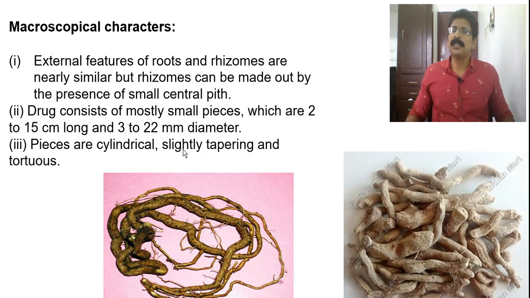So what is the difference between the dissection microscope and the compound microscope? The one very commonly used in the lab, the dissection microscope, is used to see macroscopical characters, that is, external characters. It has only a 5x eyepiece and a small table, where we can keep the part of the plant or the drug.